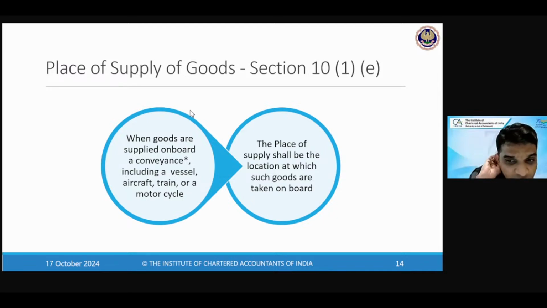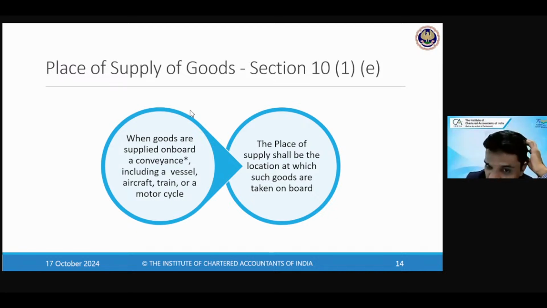No, I'm not saying that you bought it. When you buy something, you have already paid the GST on it. We are talking of a situation where the caterer or a person is selling on a train.